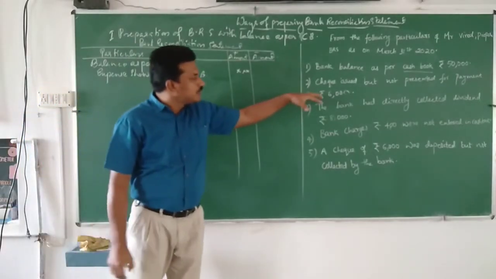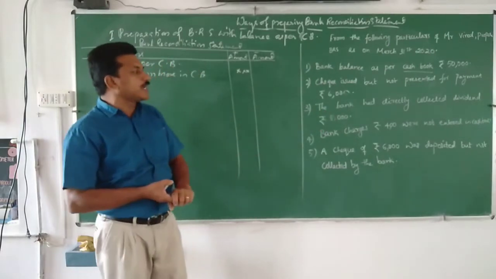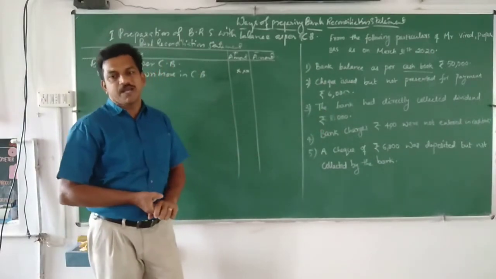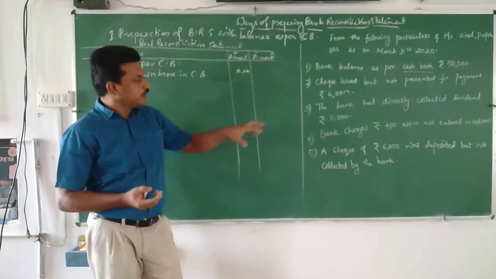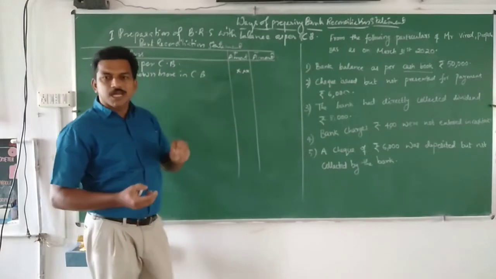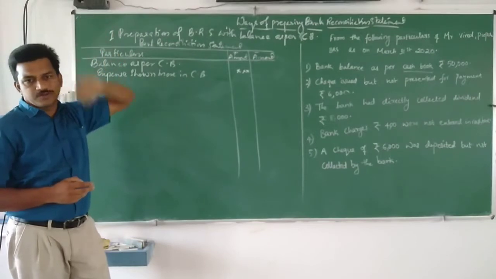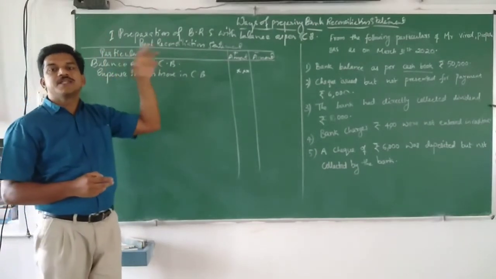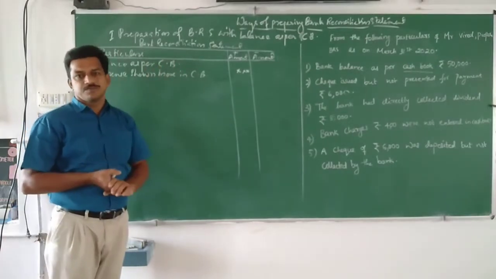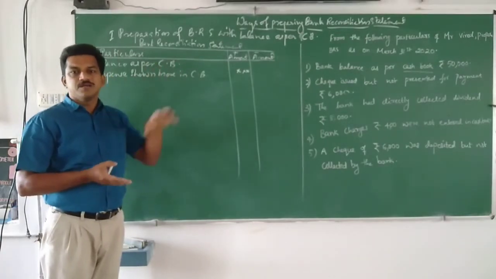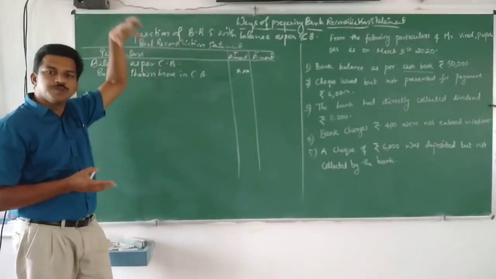Okay. Next, the bank has directly collected dividends. Bank has directly collected the dividends. So, bank directly collected the dividend means income is shown more in the passbook. When income is shown more in the passbook, it means the bank balance will be more.